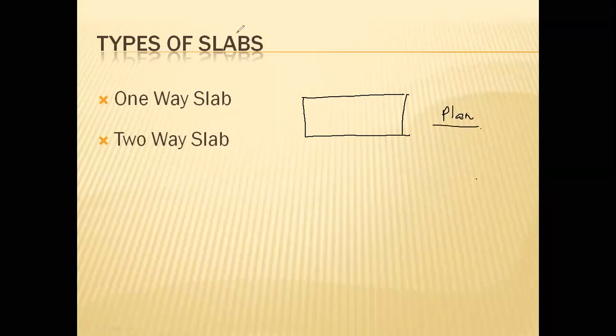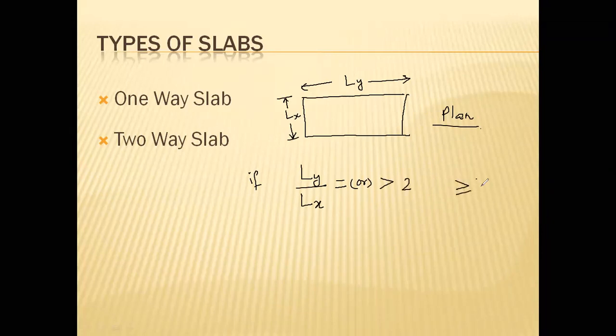So in this slab, this length is called Ly and this length is called Lx. Say if Ly divided by Lx is equal to or greater than 2, then the slab is called one-way slab.